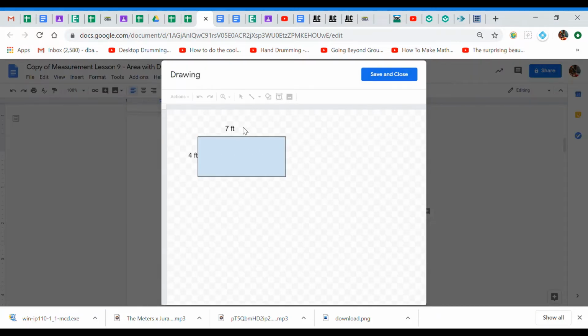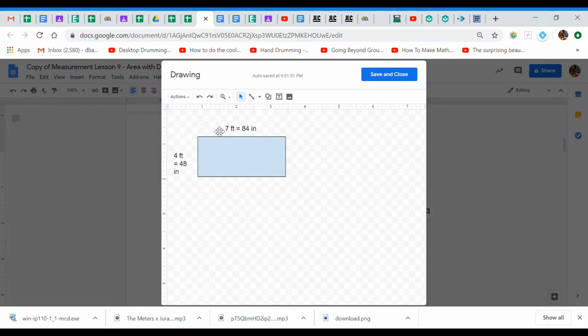So 7 feet is actually equal to, 7 times 12 equals, if you don't know it, you can solve it out yourself, but I know it in my head, it's 84 inches. And that's 7 times 12. And 4 feet, 4 times 12, is 48 inches.